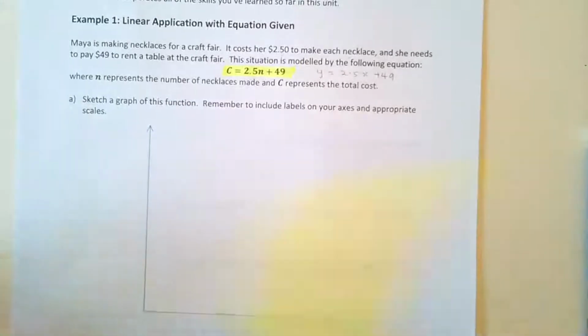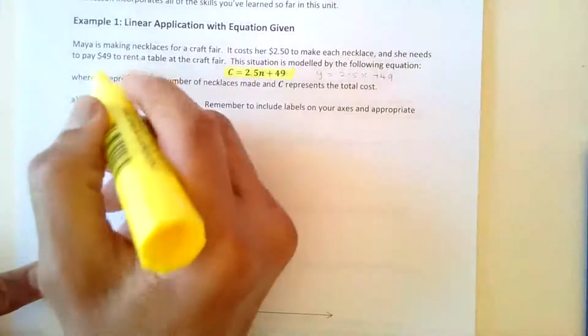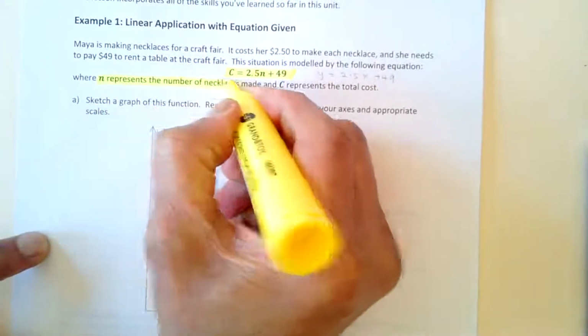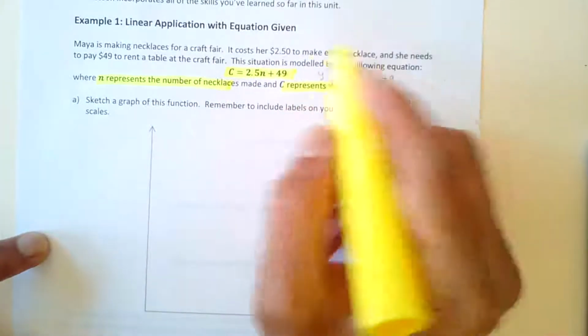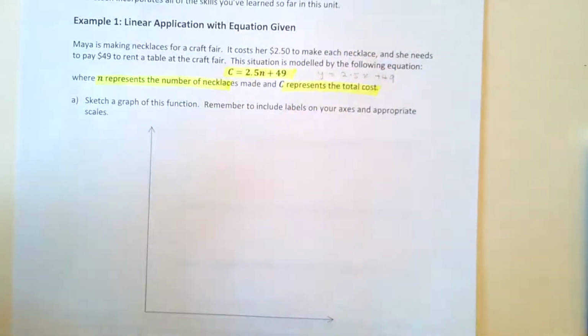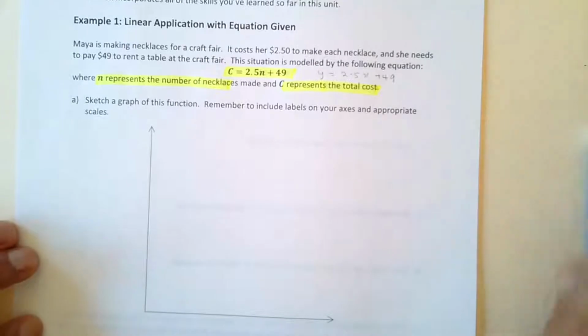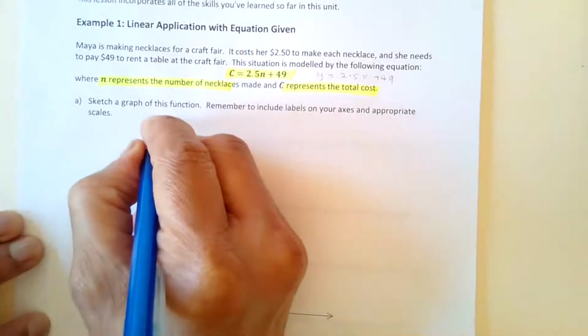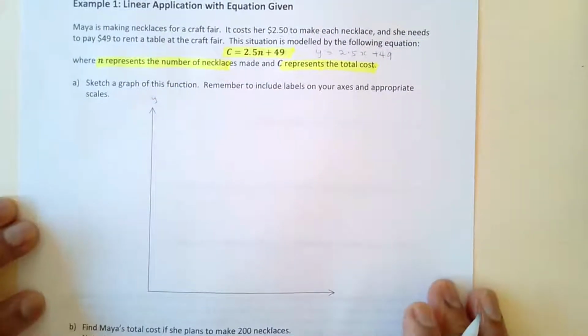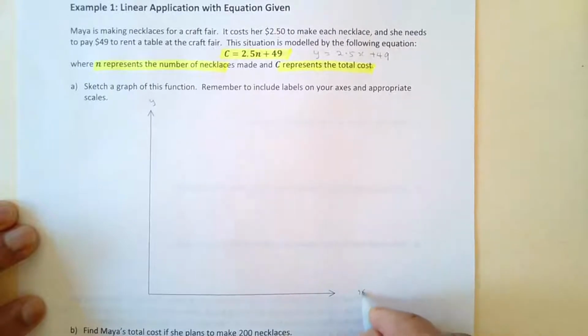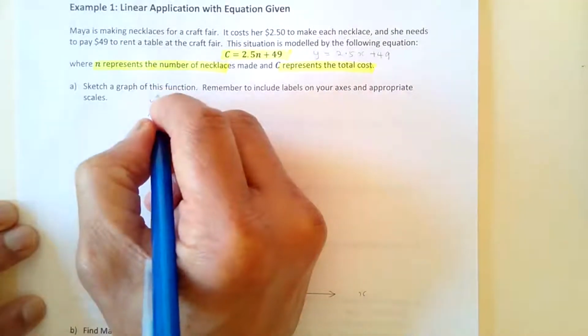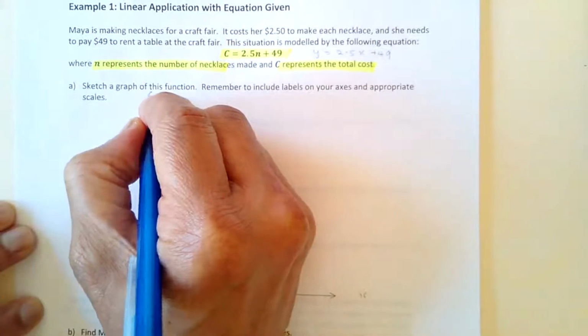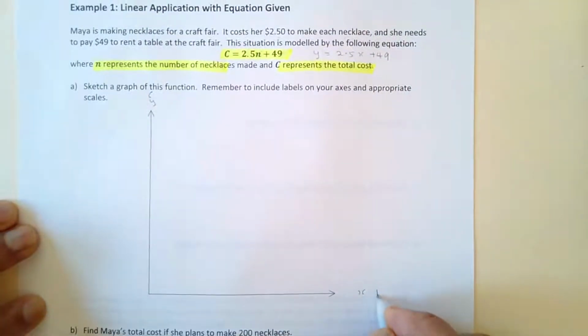Now, n represents the number of necklaces, and C represents the cost. So the C now becomes your y. We can call this your y-axis and this your x-axis, but we'll change that: this would be your C, and this would be your n.